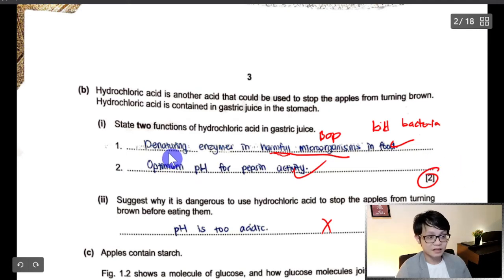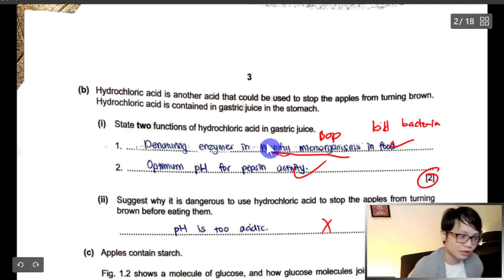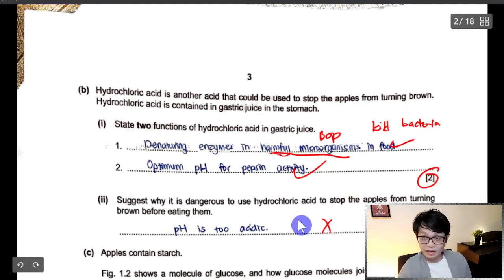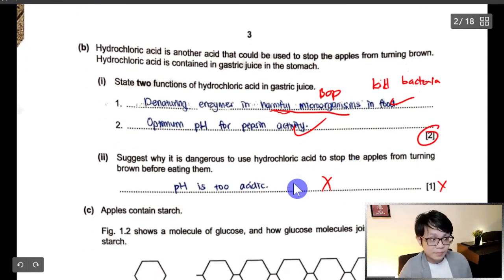But here it says denaturing enzyme, but I still give correct because the student wrote harmful microorganism. Probably what the student is trying to say is to kill the harmful microorganism. So I still give the student the benefit of the doubt, due to the words harmful microorganism written by the student.